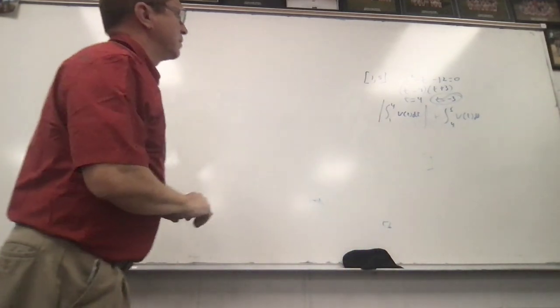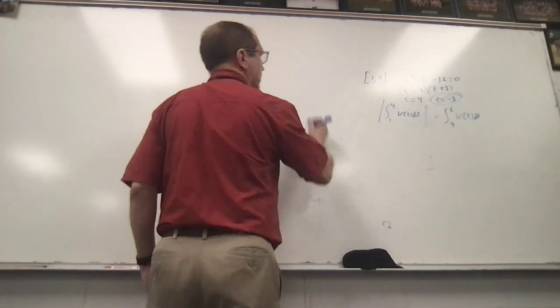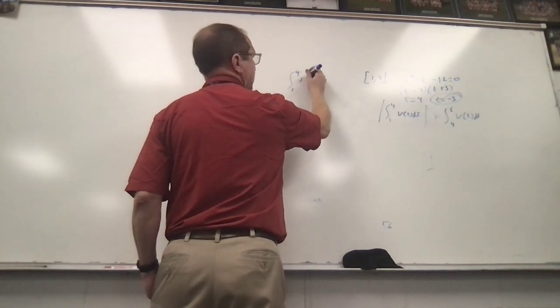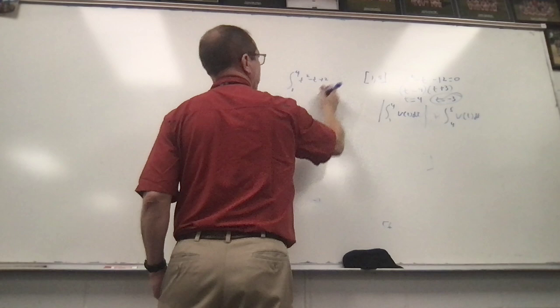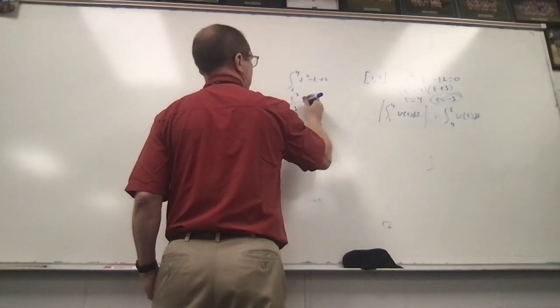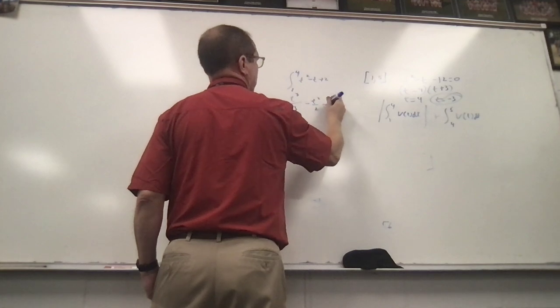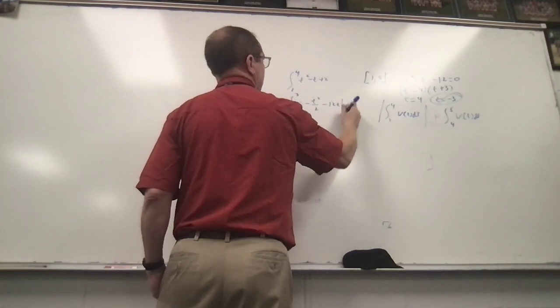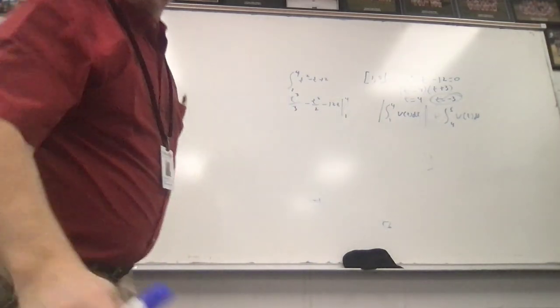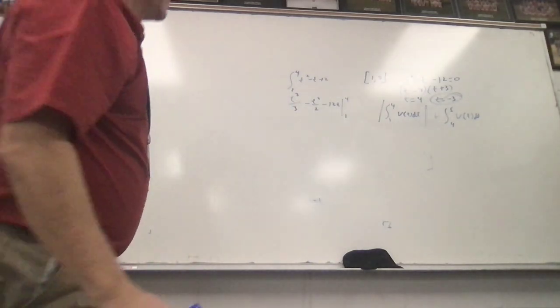Well, let's anti-differentiate here. The integral from 1 to 4 of t squared minus t minus 12 is again t cubed over 3 minus t squared over 2 minus 12t, from 1 to 4 this time instead of from 1 to 5.